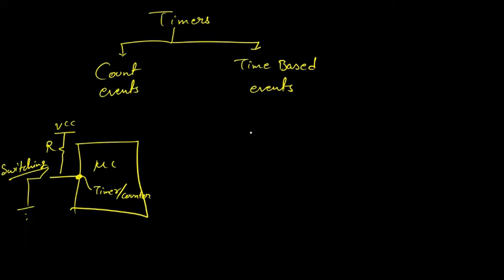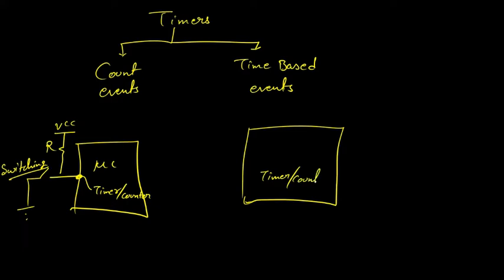Secondly, we can use the same timer or counter and connect it to one of the GPIO pins. Not necessarily that it should always go to a GPIO, but in our case we are talking about GPIO.